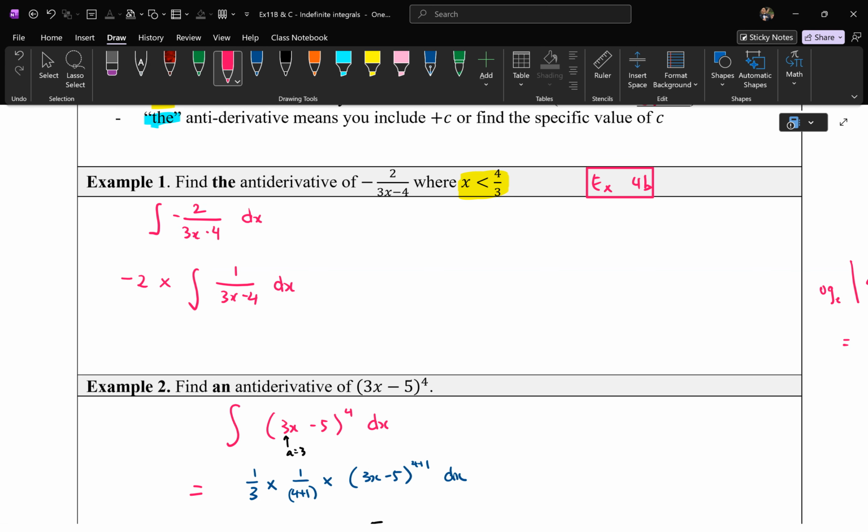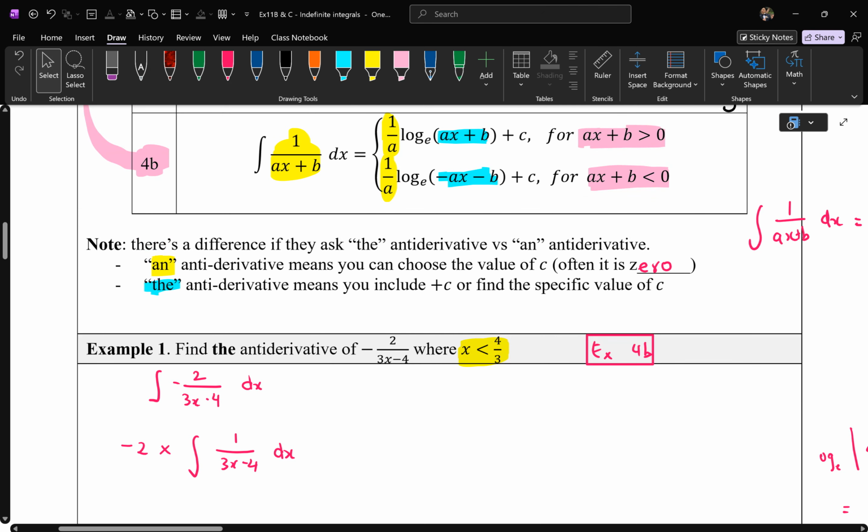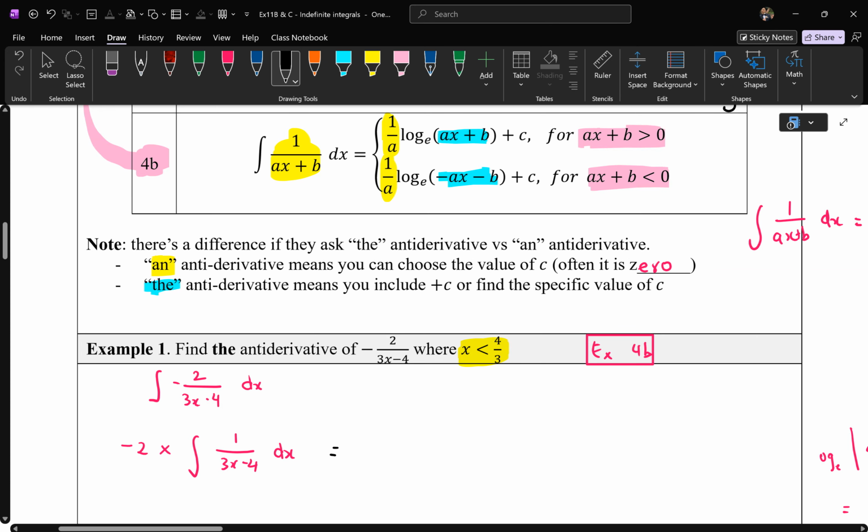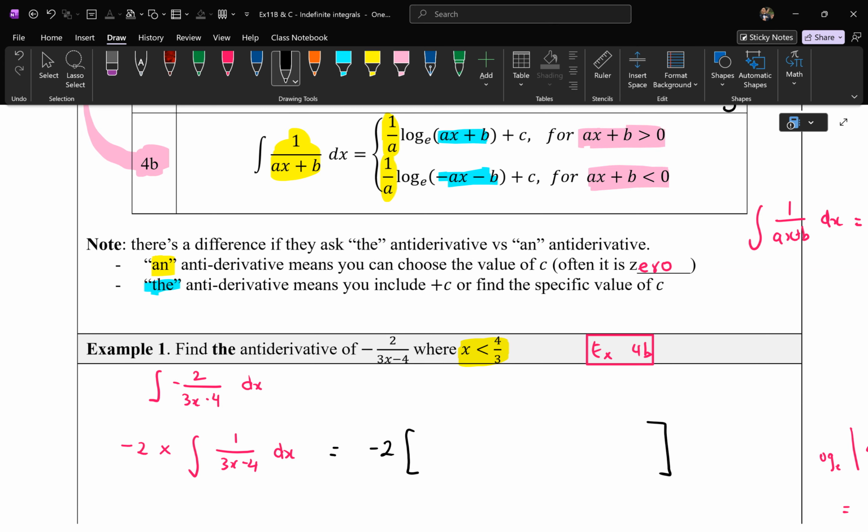Then from here, let's look at the rule. The rule tells you, if you're antideriving this, and notice it's 1 over ax plus b, my a is 3, and my b is negative 4. So according to the rule, I can write this answer as negative 2. I'm just going to leave it on the outside. The rule is you're going to have whatever a is, it's 1 on a. So I've got 1 on 3. Here's my a, and here's my b.